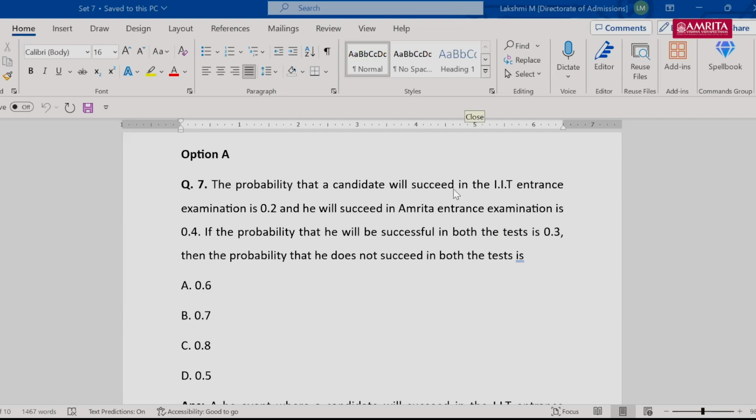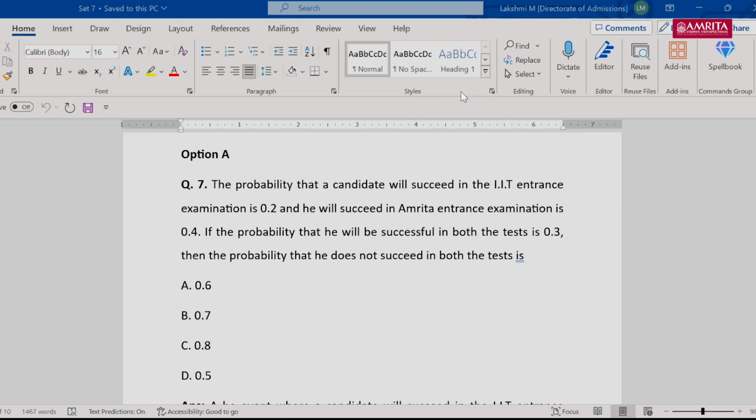Now I'm also getting answers as BD, that is 0.70. I got 3 options, B, C, D: 0.7, 0.8, 0.5. Everybody just go and revisit the question. Is it 0.7, 0.8 or 0.5?